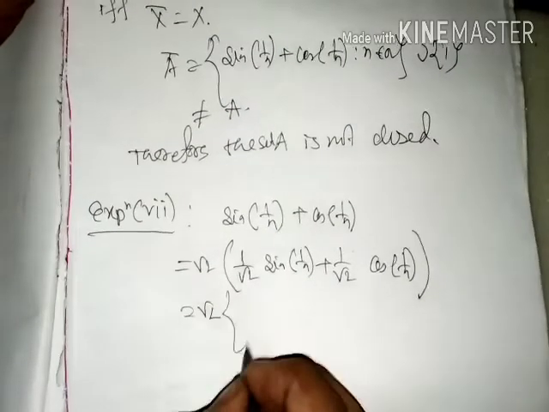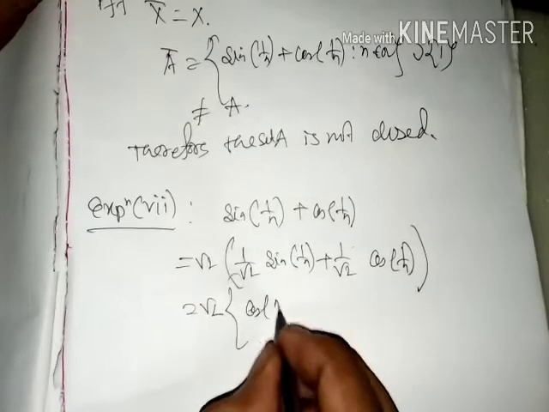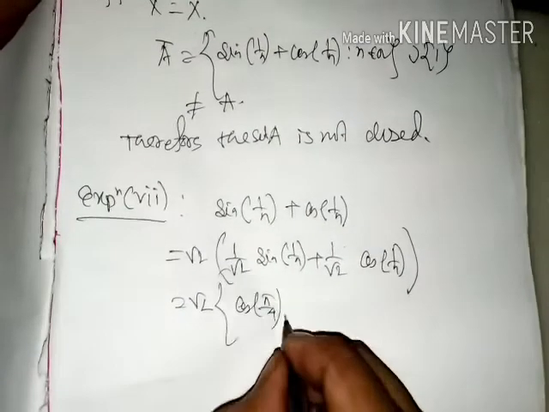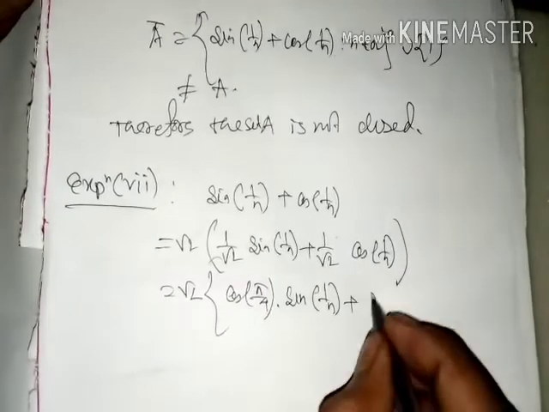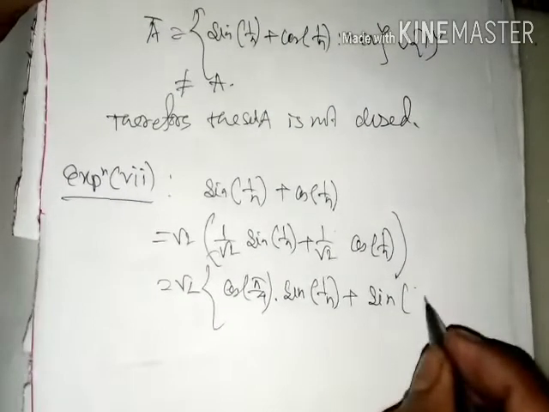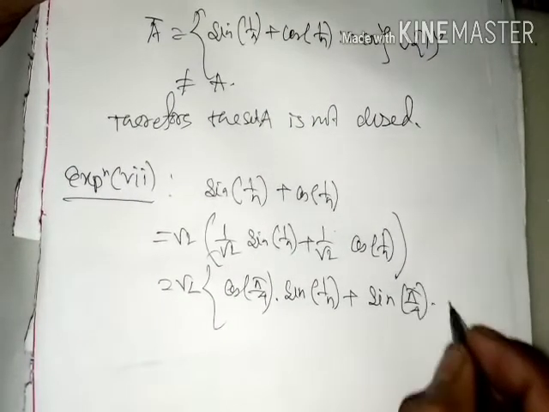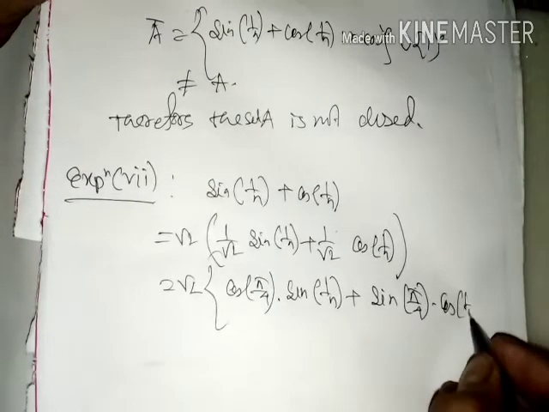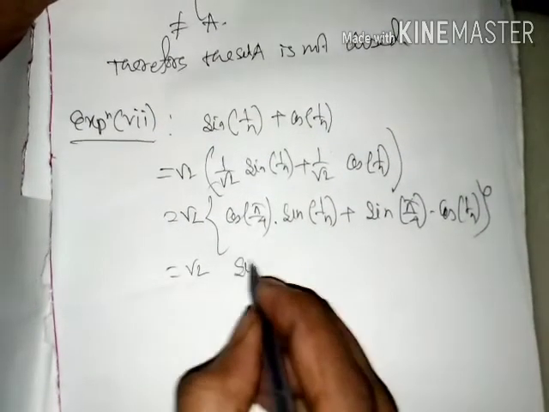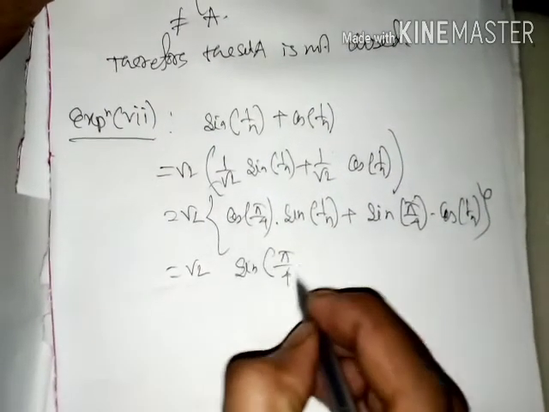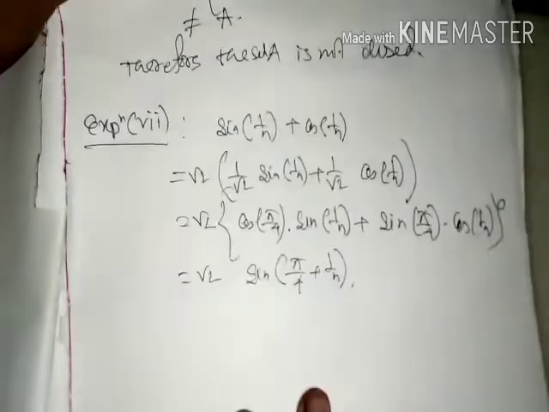This is cos of pi by 4, this is sin of 1/n, this is sin pi by 4, this is cos of 1/n. To use trigonometry, we can write it with pi by 4 and 1/n.